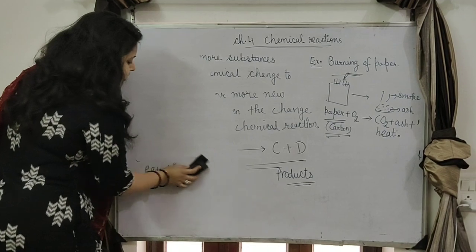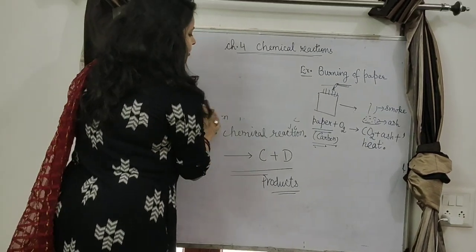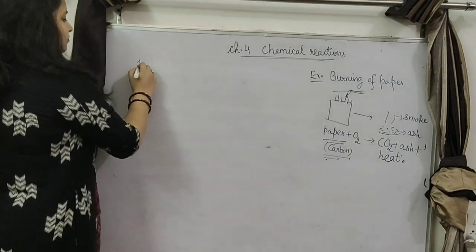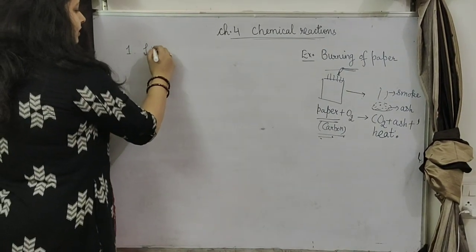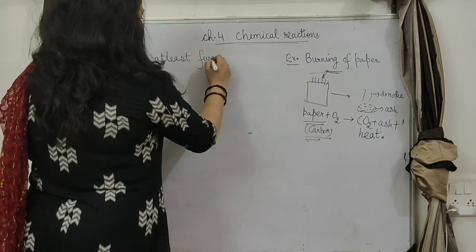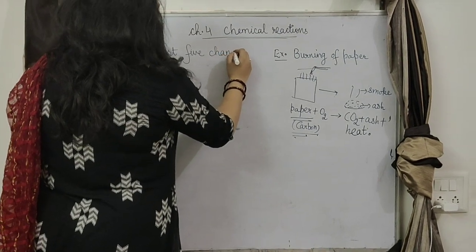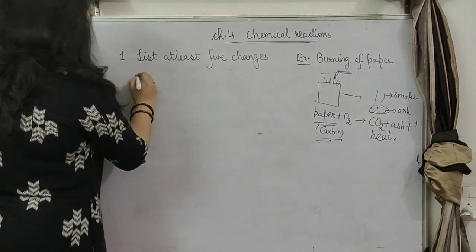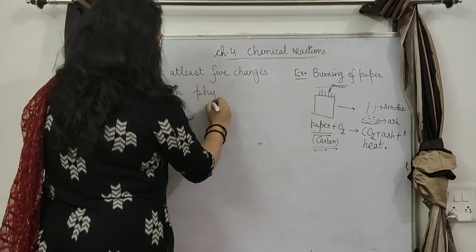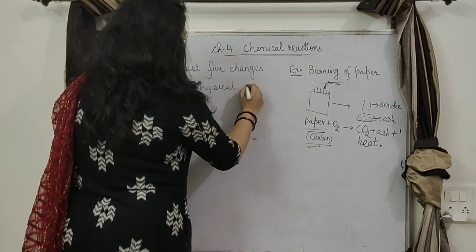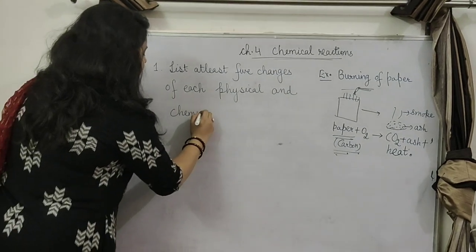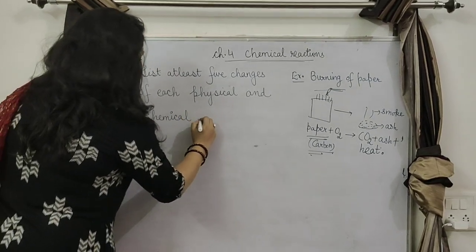This is all for our today's lecture. From this, I want to give you homework. First, list at least 5 changes of each, that is physical and chemical changes.